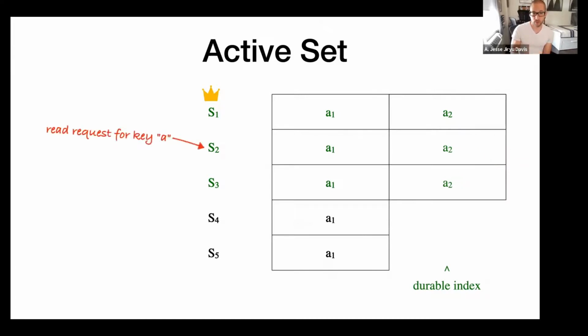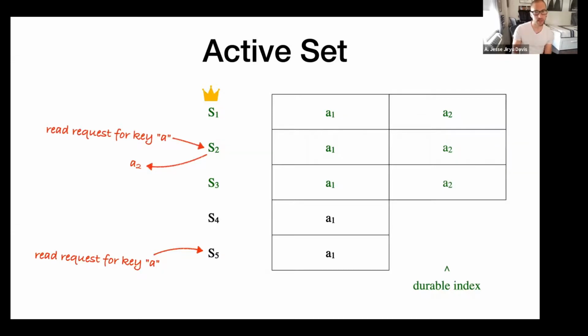Now, if you do a read request to a member of the active set, then the active set's view of the durable index is kept up to date. And in this case, the follower can respond right away with its version of the value without forwarding to the leader. If we try to read from a member that's not part of the active set, the paper doesn't actually say exactly what happens here.